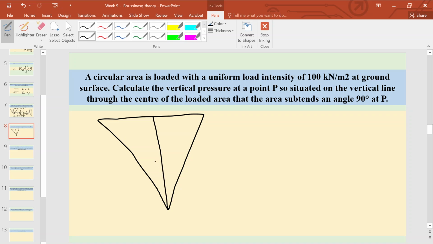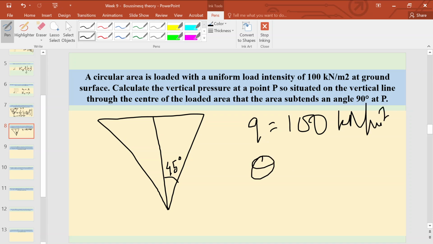What is the answer you have got? 64.64. Yes. So here 90 degree is mentioned, although it is not looking like 90 degree, but please excuse the drawing. This is 45 degree, this angle. So Q equals 100 kN per meter square, and theta equals 45 degree.